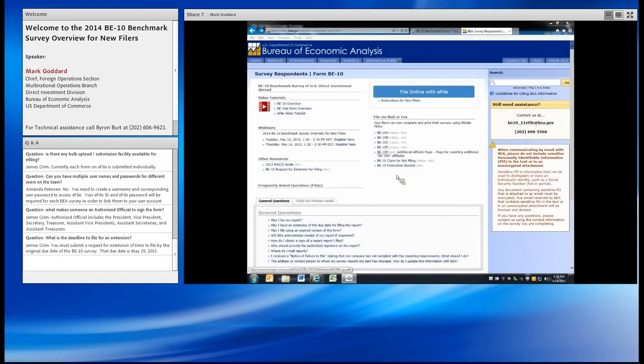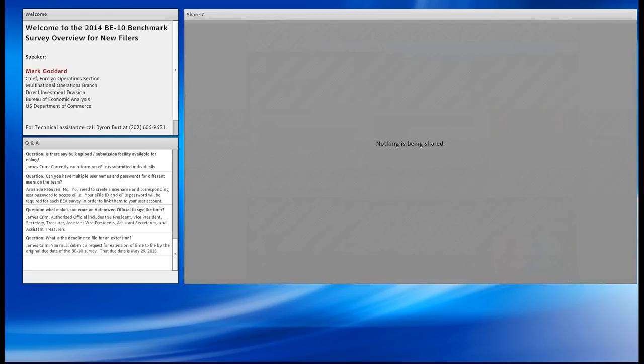And underneath the D form is an additional affiliate page, BE10D, so that you can complete extra D form affiliates if you run out of room when filling out the fillables on the BE10. This shouldn't really be the case for you as new filers, but I did want to point that out in case that became a problem. So the BE10D additional affiliate page is located here on the web page if needed. Now I'm going to answer another question.